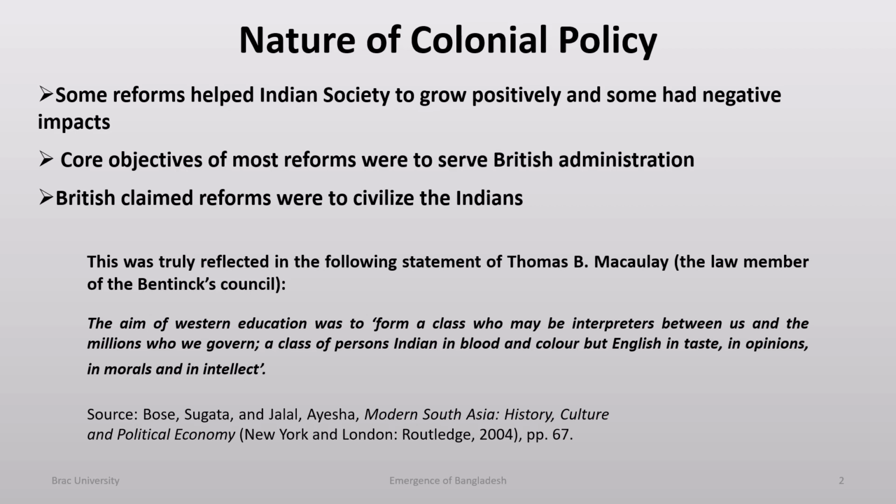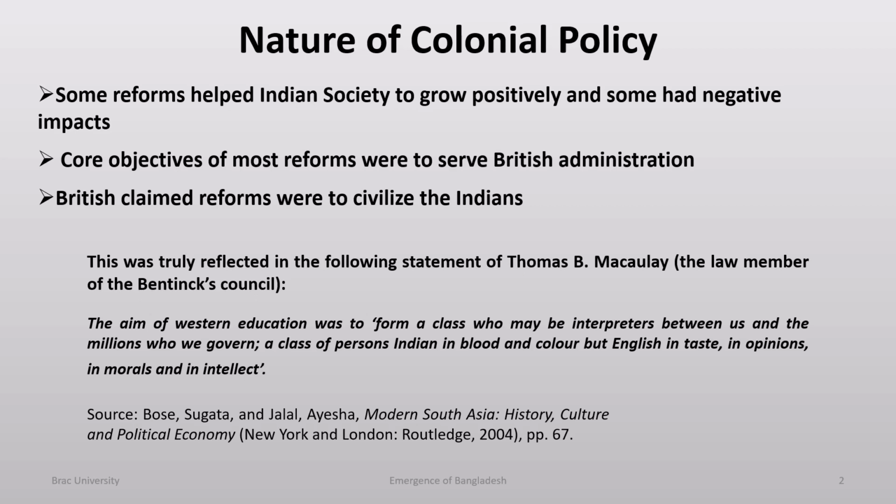If we take the education policy of the British as an example, then we see that westernization of education may have had a lot of positive impacts, but the objectives are very clear, which is to serve the British government and their rule.